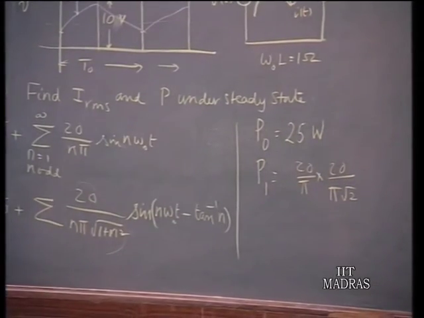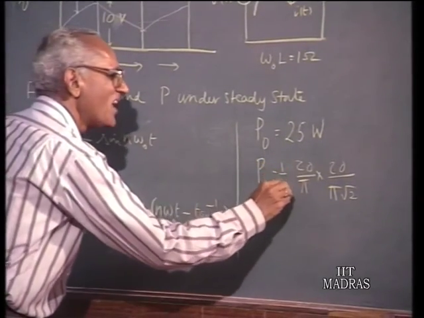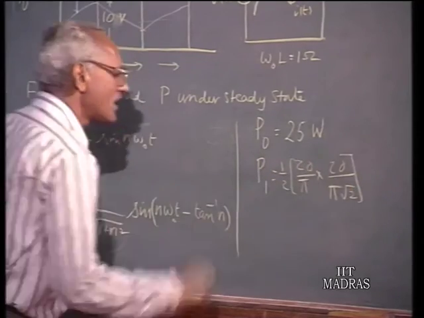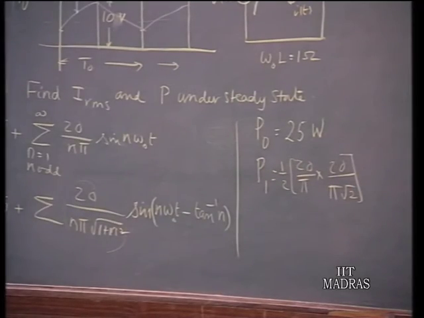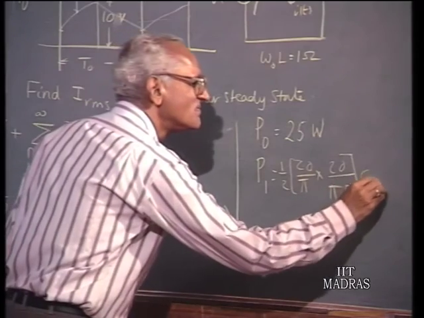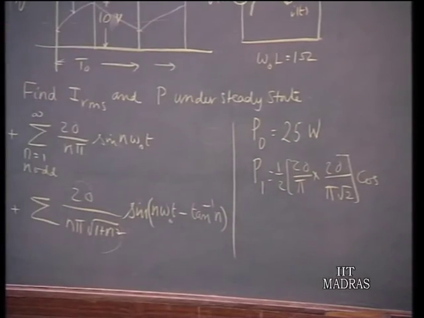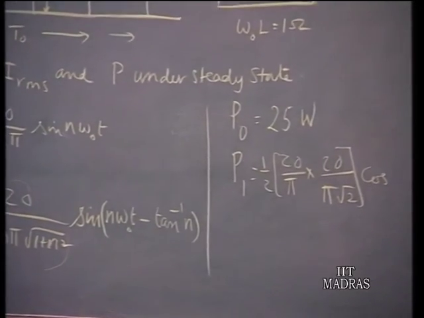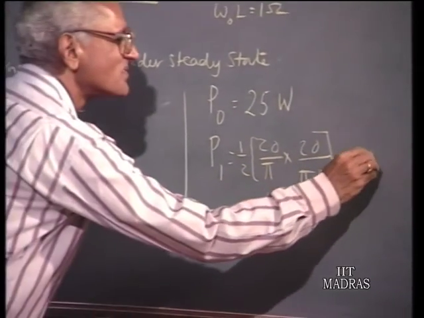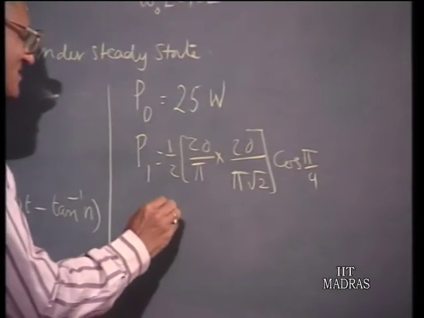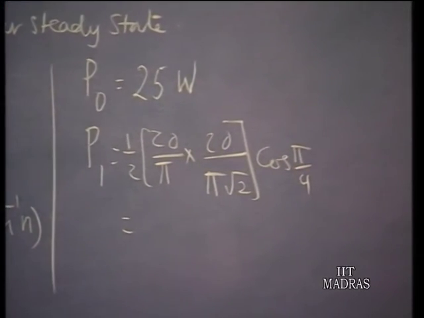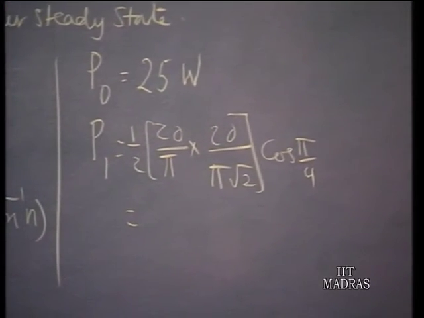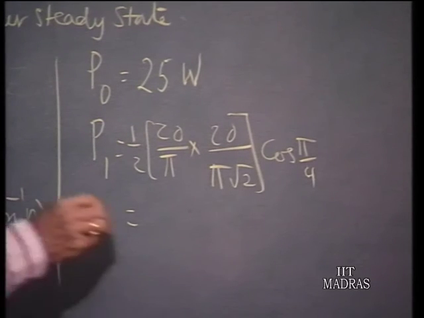These are the product of the amplitudes, multiplied by half, because we want to take the product of the RMS values, and cosine of the phase angle difference, tan inverse of 1, that is equal to pi by 4. So cos pi by 4. And this turns out to be 10.13 watts.